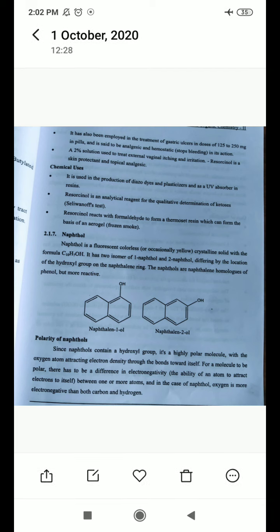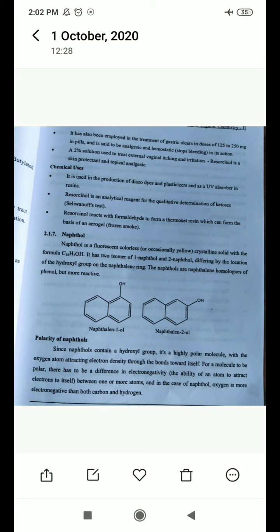Next, it has also been employed in the treatment of gastric ulcer in doses of 125 to 250 mg in pills, and is said to be analgesic and hemostatic in its action. So, what are the other uses of resorcinol? Resorcinol can be used in gastric ulcers. What is the dose? 125 to 250 mg.